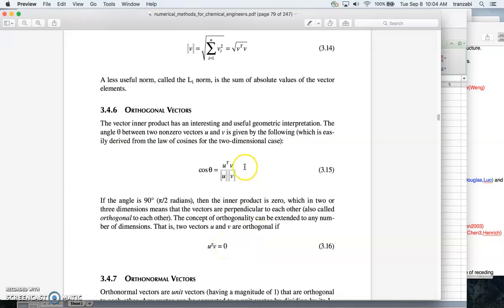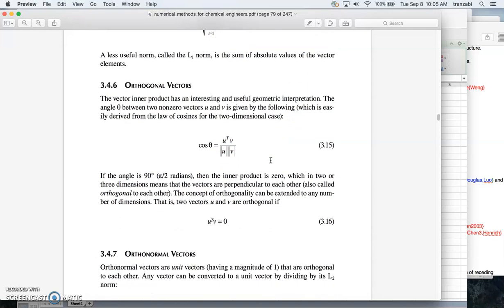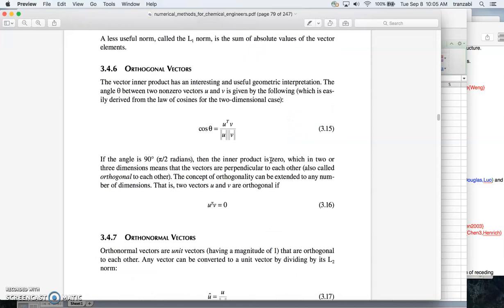If you remember from high school, we can get the angle between two vectors: you take the transpose of the first times the second, and then divide by the norm of each. By the way, the double vertical lines mean norm, according to equation 3.14. All right, so those are orthogonal vectors.